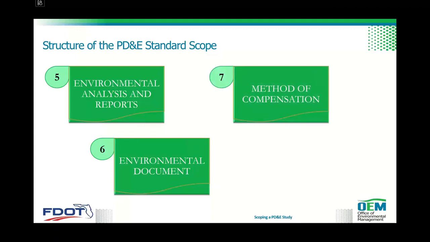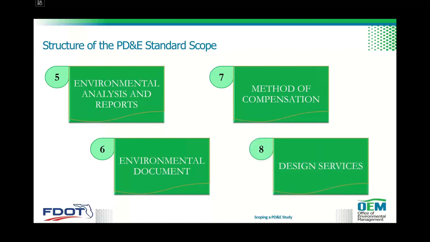And of course, the method of compensation and therefore the staff hours estimation, and any design services, because as you may well be aware, conceptual plans are developed during PD&E.